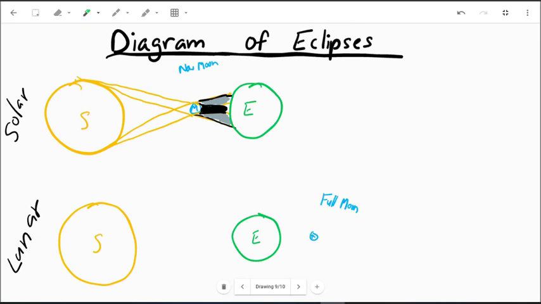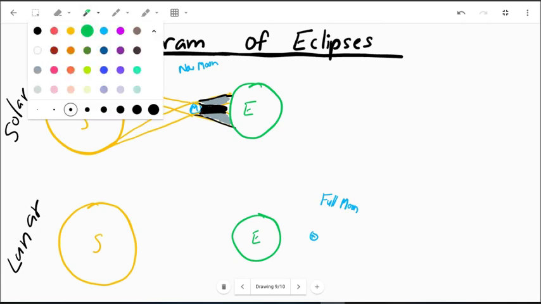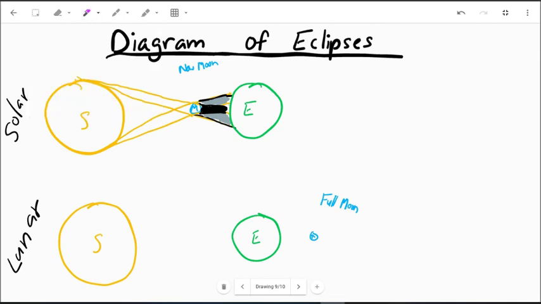The moon casts a small-ish shadow, and this is nowhere near real life, okay, but casts a small shadow on the Earth. Wherever you have the umbra falling on the Earth, that's where you'll see a total eclipse.